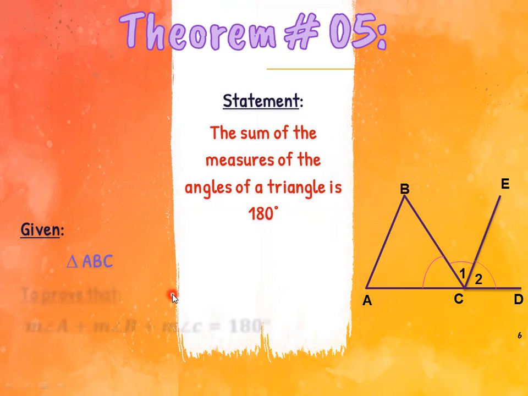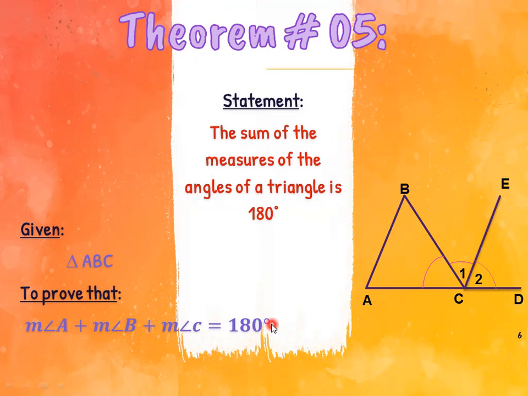What you have to prove is that the measure of angle A plus the measure of angle B plus the measure of angle C will be equal to 180 degrees. So you are given a triangle ABC, and you have to prove that the sum of all the angles will be equal to 180 degrees.